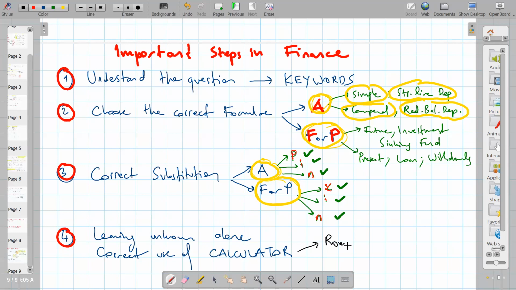Round off once. Okay, we can just say, and that round off must be in the last step. Yes, I just unmuted you. So round off once in the last step. That's important, because you may just lose 1 mark.